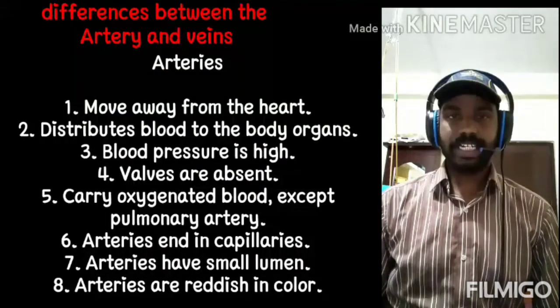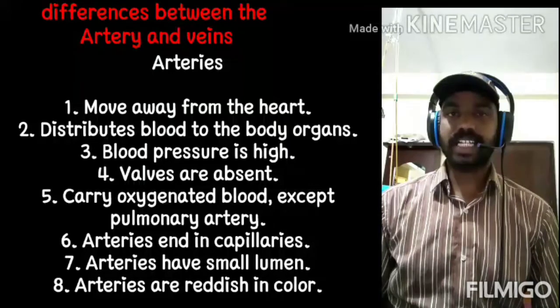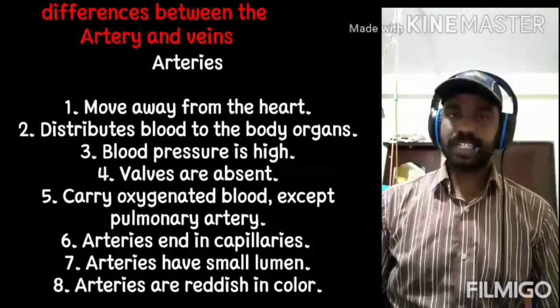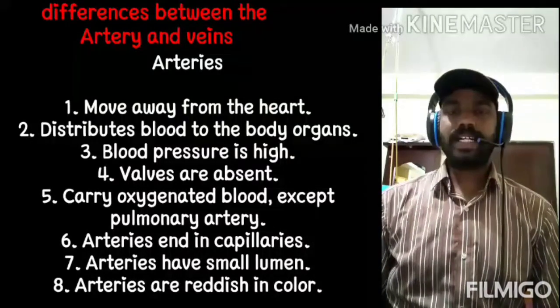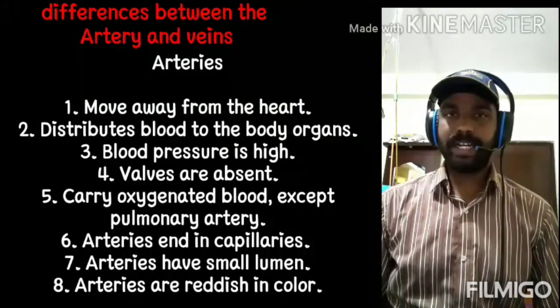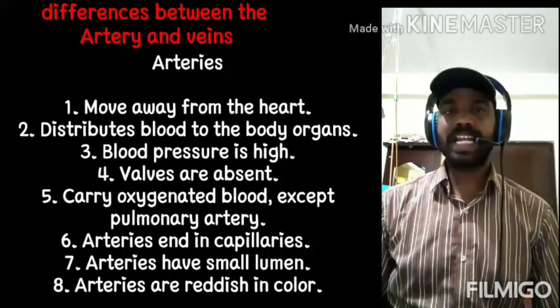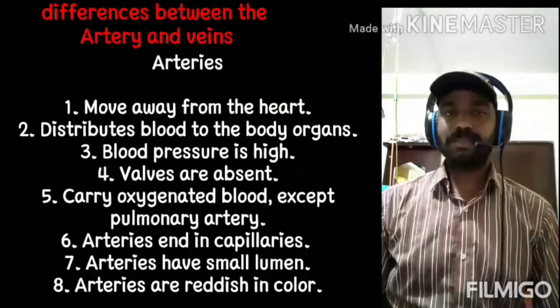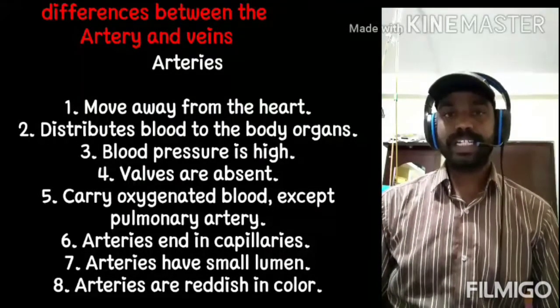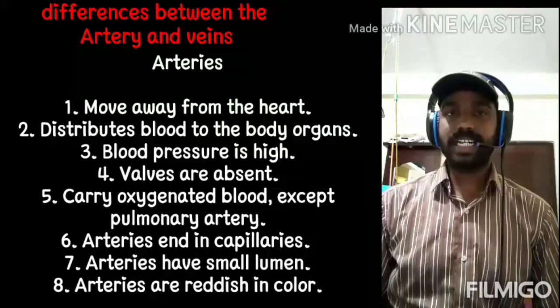In our body we see different kinds of arteries. In all arteries, blood is transported towards the body parts, and it is oxygenated blood. But in the pulmonary artery, blood is transported towards the lungs, so it is deoxygenated blood.